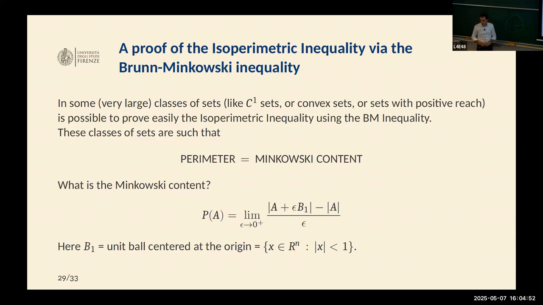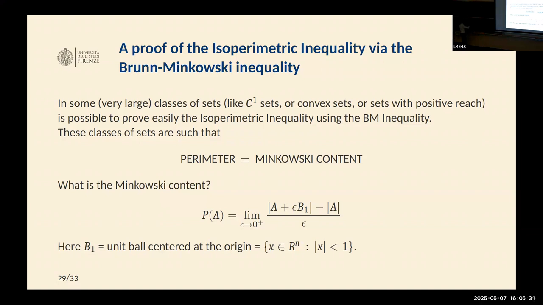You can use this to give a definition of perimeter with respect to this ball, which coincides with the definition for a different ball as well, as soon as this gives you the perimeter. This is true for a very large class of sets: if the sets are C1, or if they have positive reach.